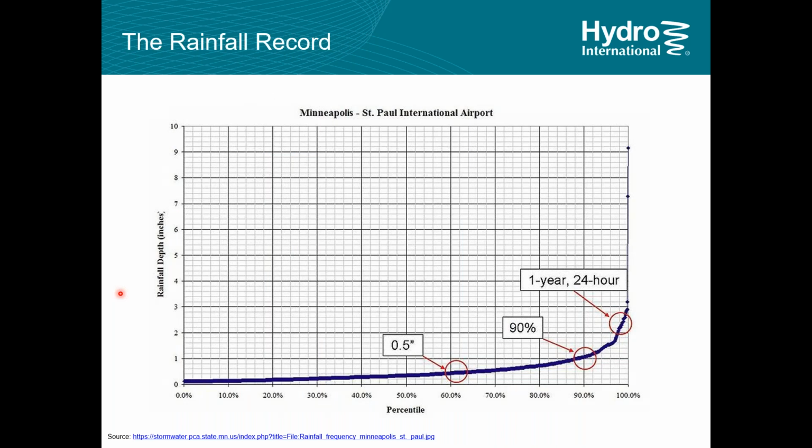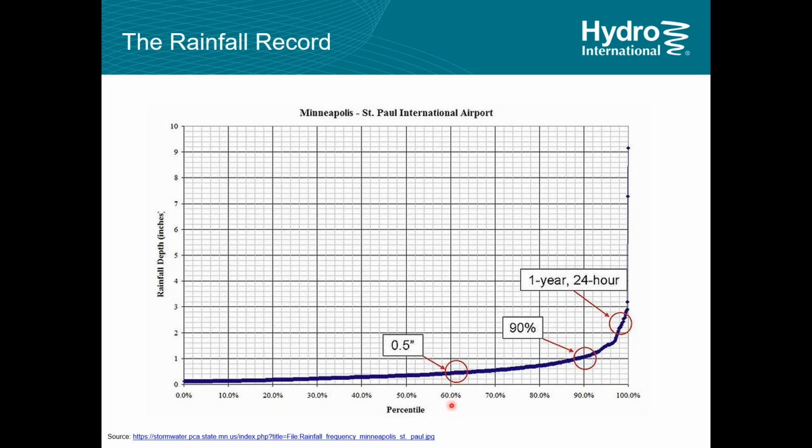So when we look at the rainfall record, and this is typical in Minnesota, I've grabbed this from the Minnesota PCA's website. If you take a historic rainfall record for a site, in this case it's the St. Paul International Airport, and you look at the buildup of water depth over a long period, we find that there's that ½ inch rainfall depth.